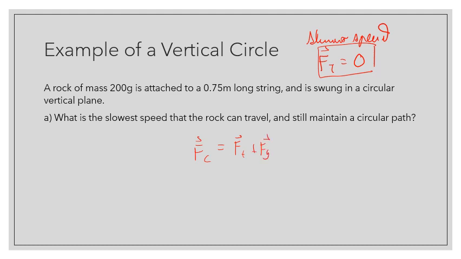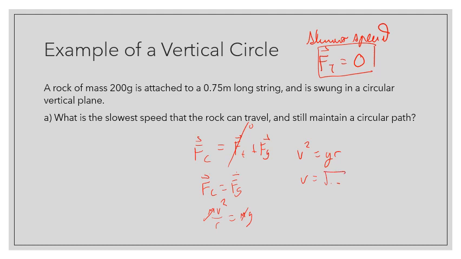So for the slowest speed, the tension turns into 0. So Fc is equal to Fg. So mv squared over r is equal to mg. Masses cancel out, so v squared is equal to g times r.